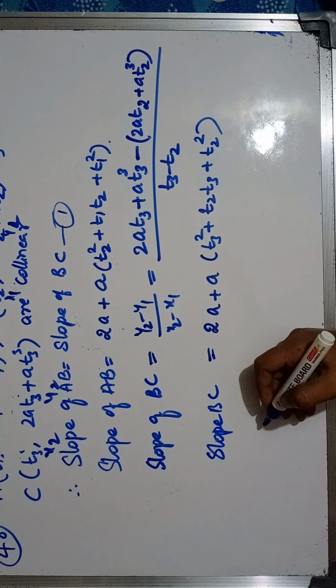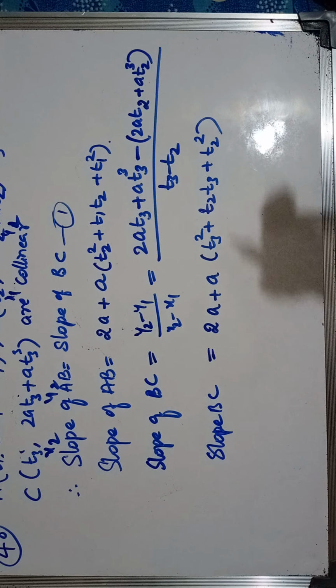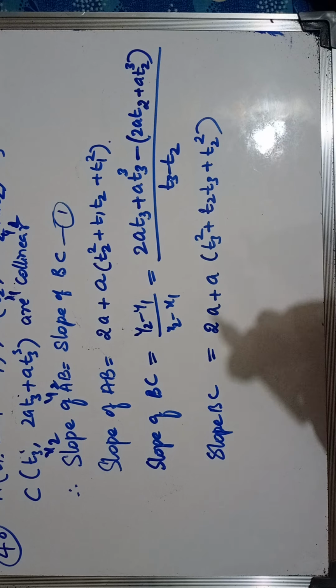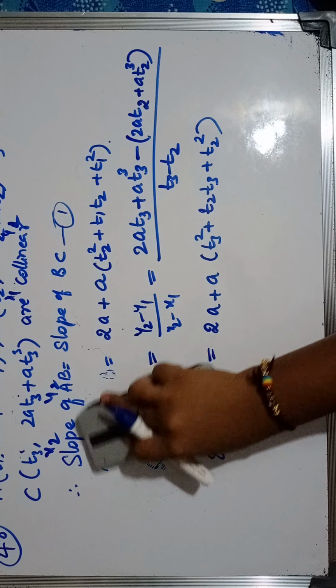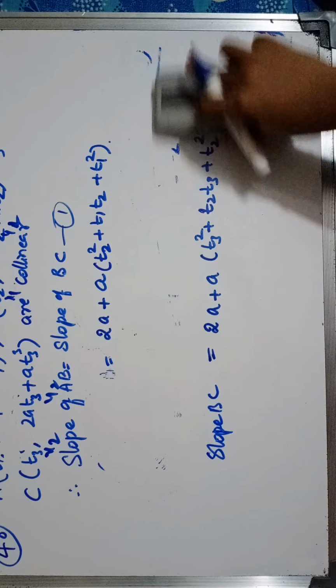Now let us substitute these two values in equation 1. Therefore equation 1 implies, let me substitute in equation 1. Slope of AB is this.